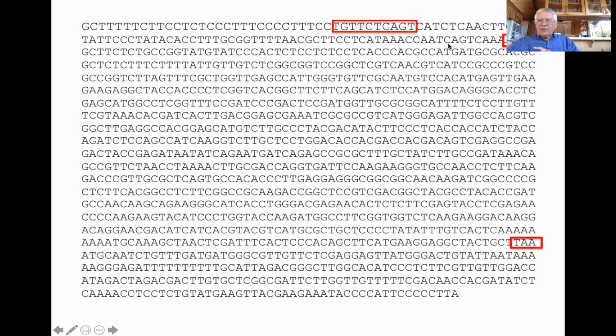So if we look in here, we see that in this first place where we see the sequence ATG, that means start. It means the start of a protein. And so the protein gets read all the way through until we get to the sequence TAA, and that means stop.